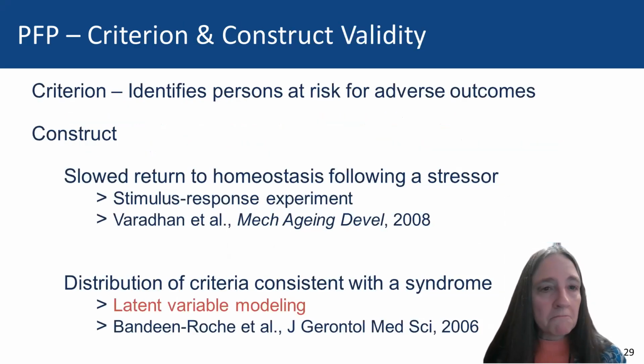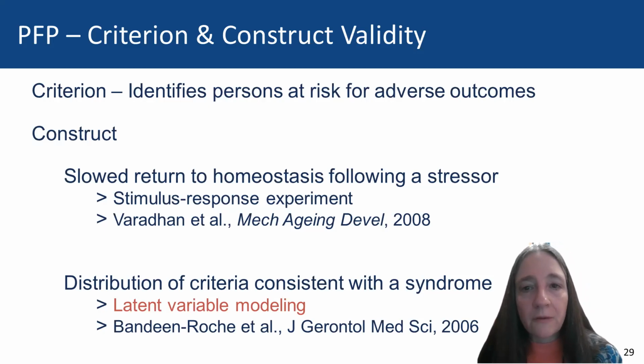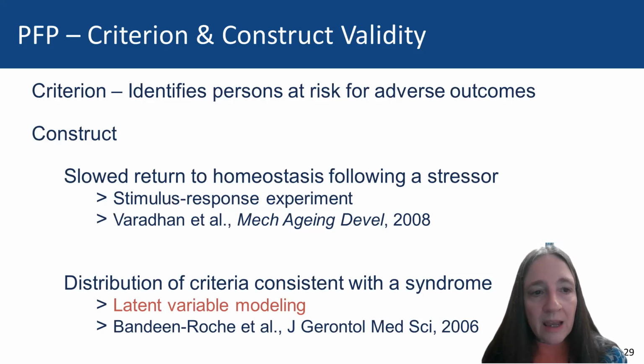Criterion validity should correlate with a measure that, really it needs to in order to be useful. Well, if we're identifying vulnerable people, the measure needs to identify people at heightened risk for adverse outcomes. And finally, construct validity.